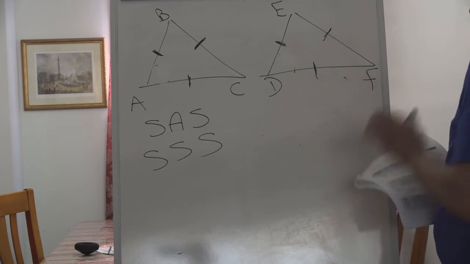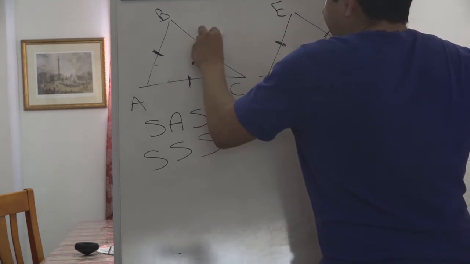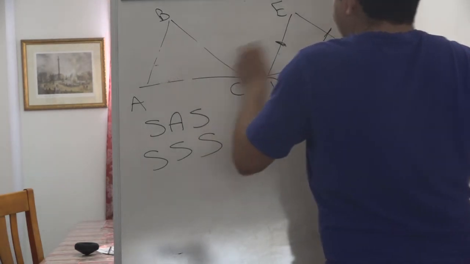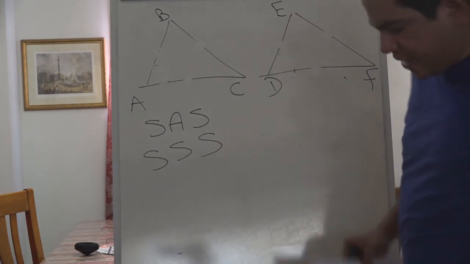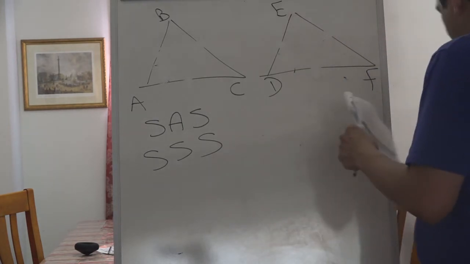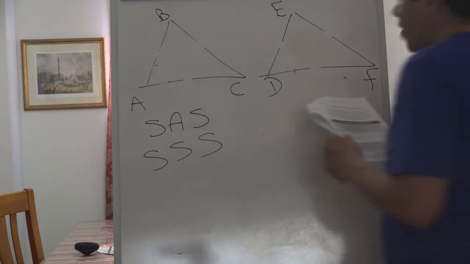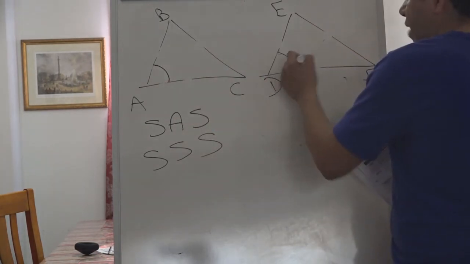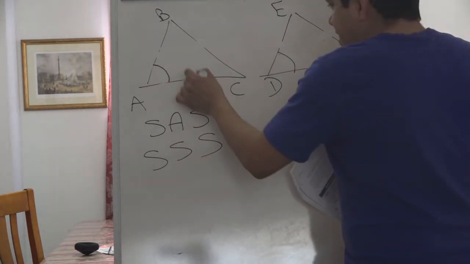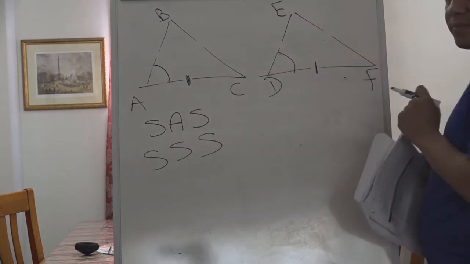Okay then. Now, let us go on to a different way of proving triangles congruent. Let's say you have an angle here. Angle A congruent to angle D. You have side AC congruent to side DF.